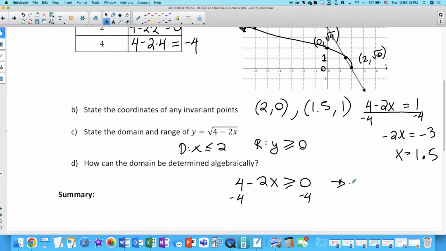You're going to get negative 2x is greater than or equal to negative 4. So if I solve for x, divide both sides by negative 2, what happens? Yes, exactly. This flips around. Okay? So we're going to get x is less than or equal to 2. Okay, so far so good? Okay, cool.